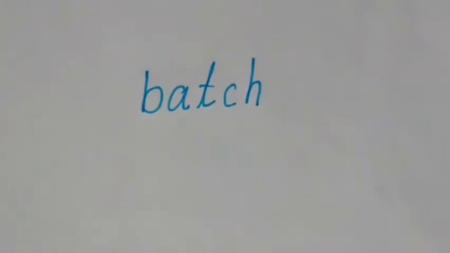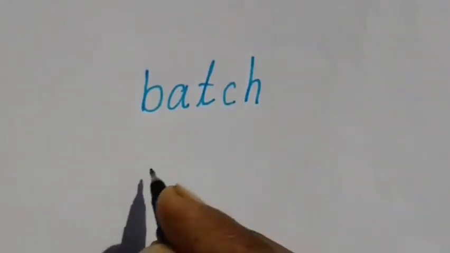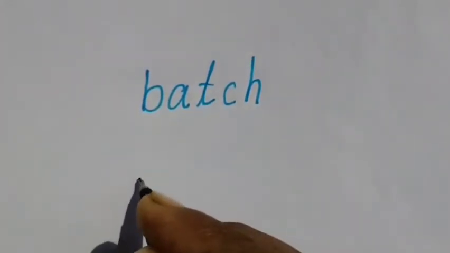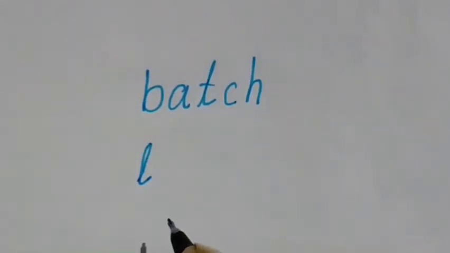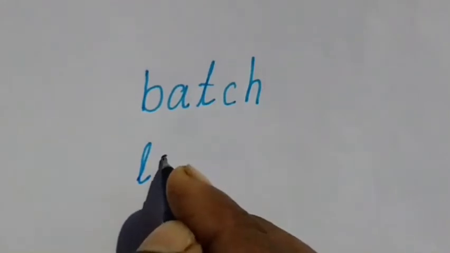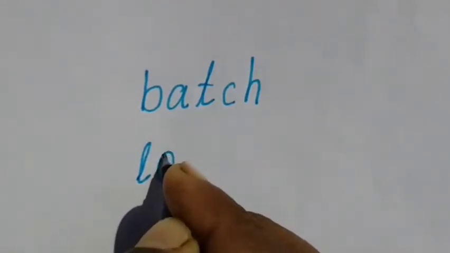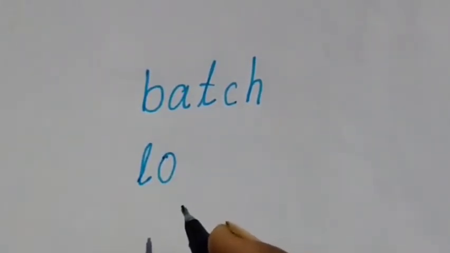Now we're going to say the second word. Just listen to the word carefully. Lock. The beginning sound of this word is L. Lock. L. Middle sound, A. Letter O stands for the sound A, right?